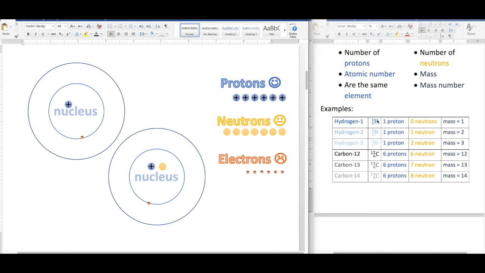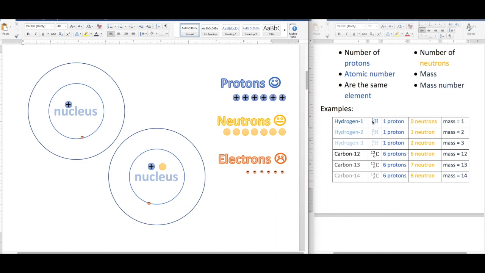If you ever see this shortcut way of writing an isotope, the H is just the symbol for hydrogen. The 1 down here means how many protons, and for hydrogen that's always going to be 1, so 1, 1, 1 for the small number here, because they all have 1 proton, because that's what makes it hydrogen.